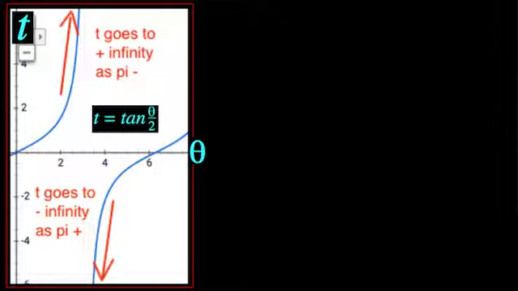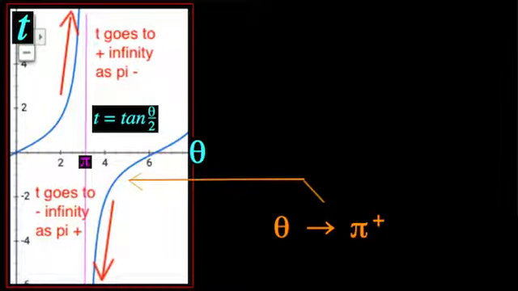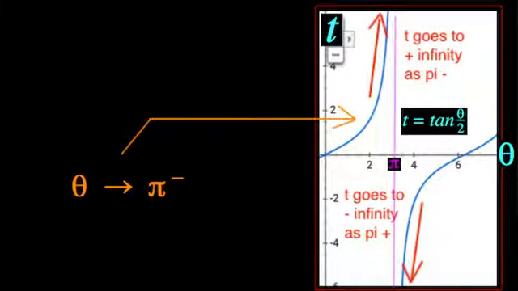As we approach the asymptote from the right, with the superscript plus indicating the direction of the one-dimensional limit of theta, t approaches negative infinity. As theta approaches pi from the left-hand side, indicated by the superscript minus on pi, we see that t approaches positive infinity.